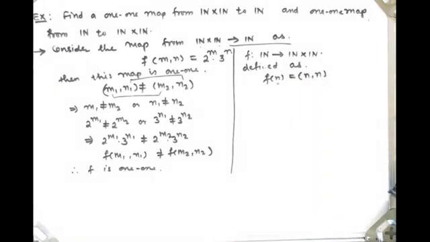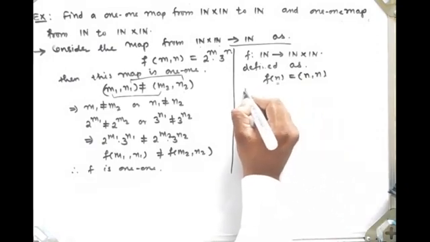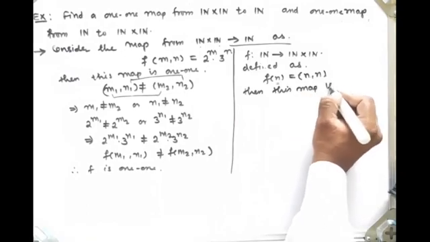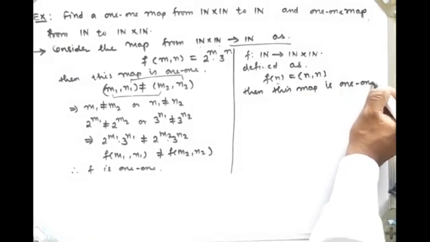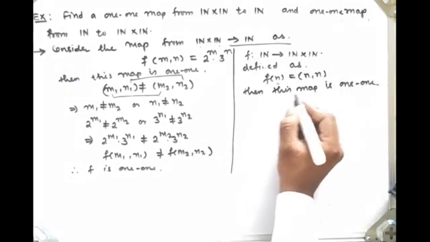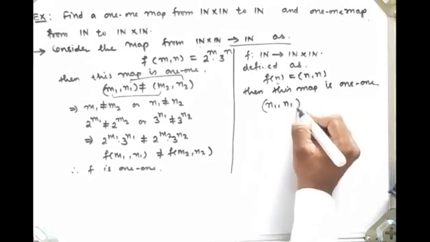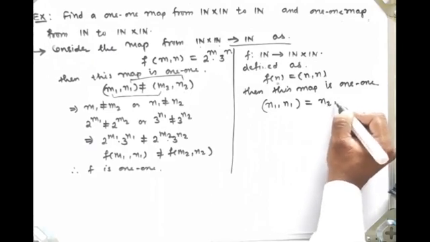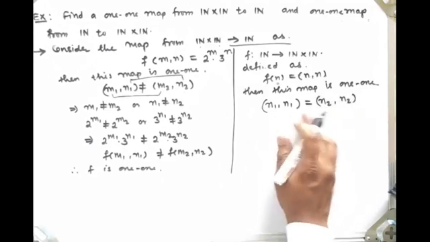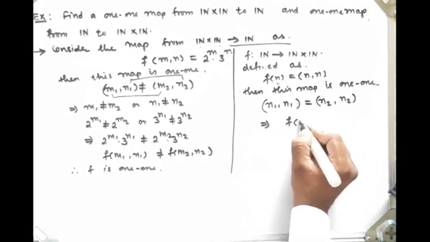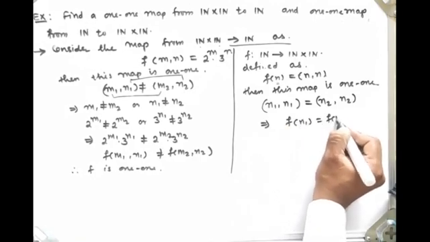So we have to show that this is 1-1. So let's see how it happens. Let (n1, n1) be equal to (n2, n2), which implies that f of n1 is equal to f of n2.